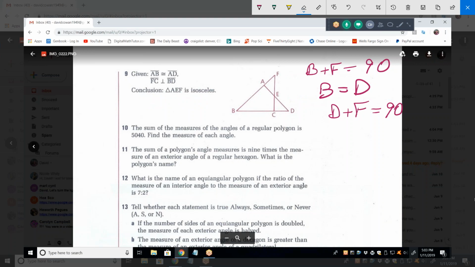B plus F is 90 for sure. B is equal to D for sure, which makes D plus F equal to 90.